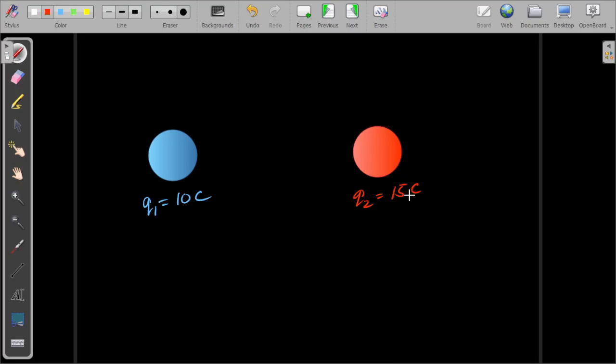But if the distance between them is much bigger compared to the value of them, suppose this is 500 meter, this 500 value is much bigger than 10 coulomb and 15 coulomb, right?